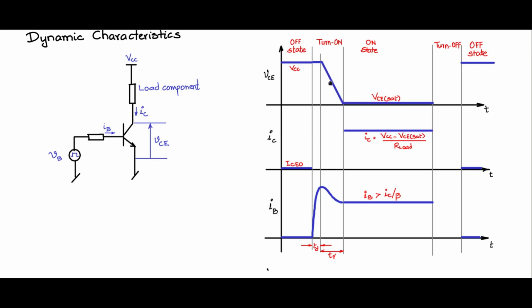Of course, I have indicated here a straight line profile, but it need not be a straight line. It will be slightly non-linear, slightly curved. But the straight line approximation is a good approximation without loss of generality. You will understand it much better. Now, the current from ICEO should reach IC, which is VCC minus VCE sat by R load. But this period is TR, the rise time.